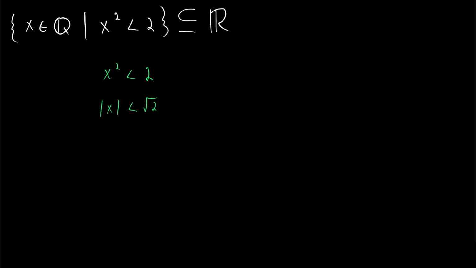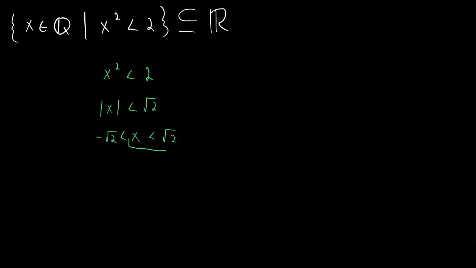In a previous lesson, which I'll leave a link to in the description, we showed that an inequality like this implies the following: that x must be less than the square root of 2 and must be greater than negative square root of 2. So clearly, negative square root of 2 is a lower bound on the elements of our set, and positive square root of 2 is an upper bound on the elements of our set.